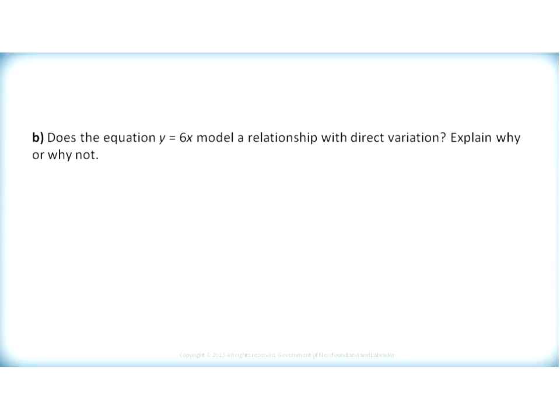Whatever x is, y is always going to be 6 times larger, based on my equation here. So it does model a direct variation relationship.